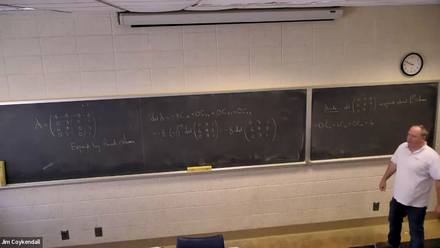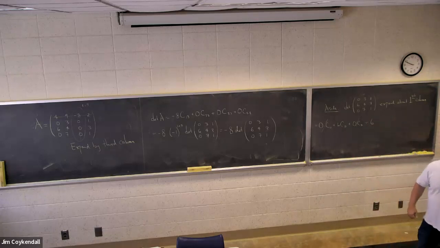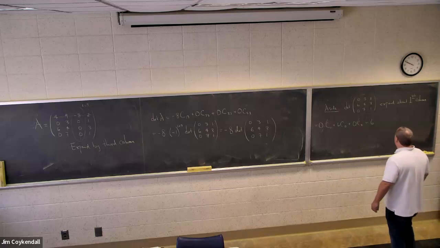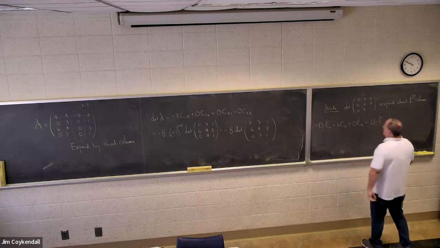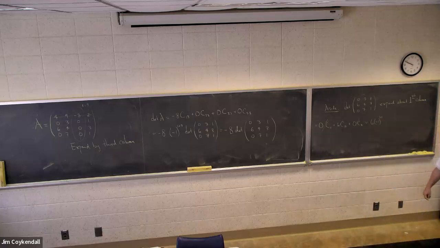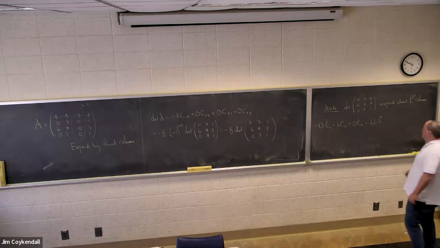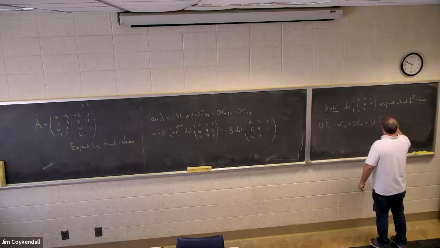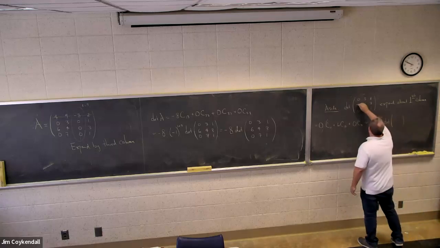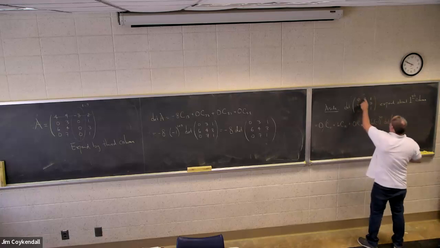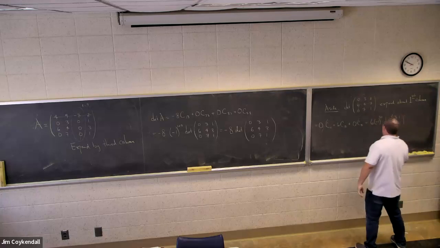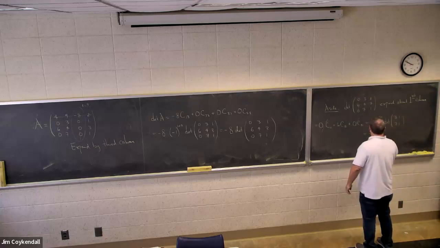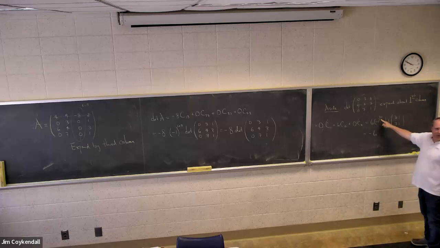What do I gotta do here? Don't forget this is -1 to the 2 plus 1, right? Times the determinant of what I get when I cross out, which is 3 1 7 1. So this is -6, because of course that's the third power.